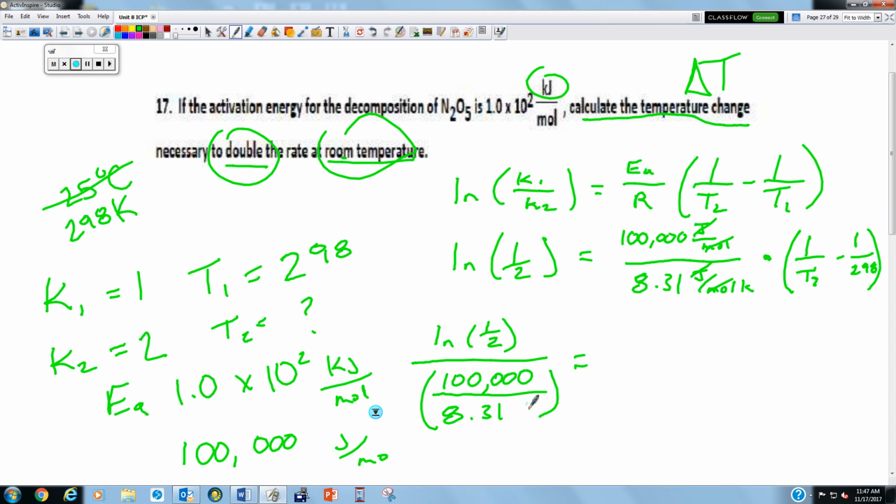So the only unit that we have right now is K. Equals 1 over T2 minus 1 over T1, which was 298.